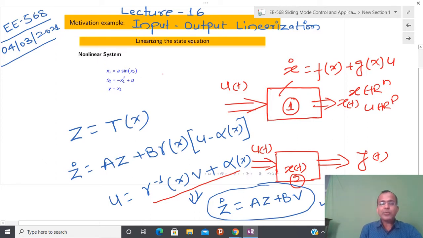Now let us examine whether during this process the output remains linear or not. Suppose you try to see this particular system. I have taken a very simple example, a second order system. Could you please comment whether this second order system is linear or non-linear? Anyone?